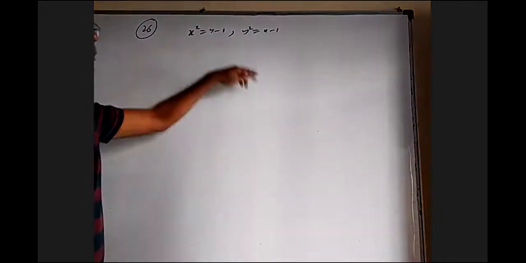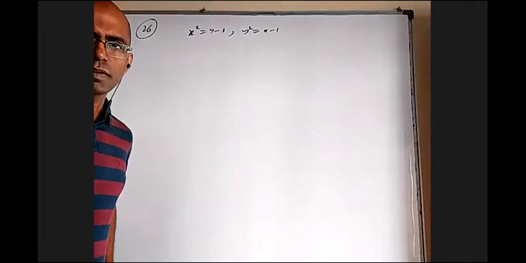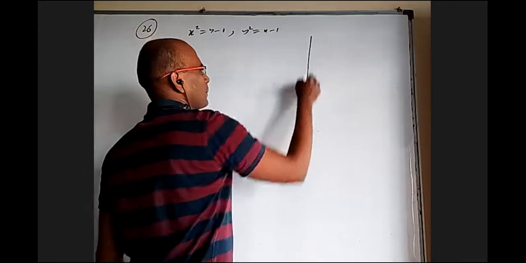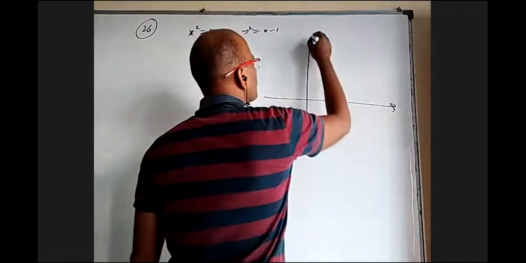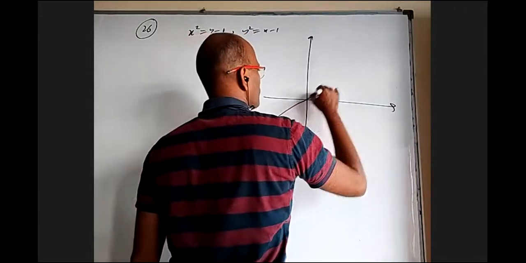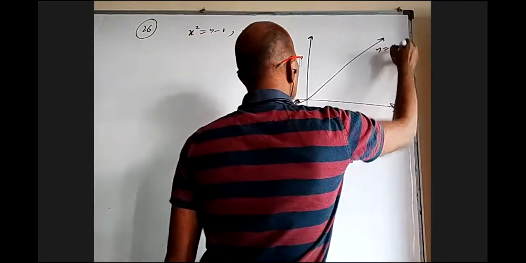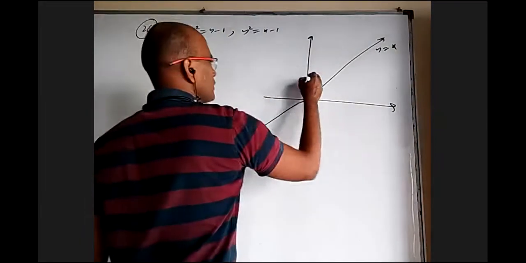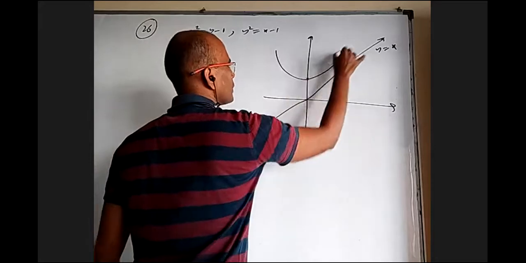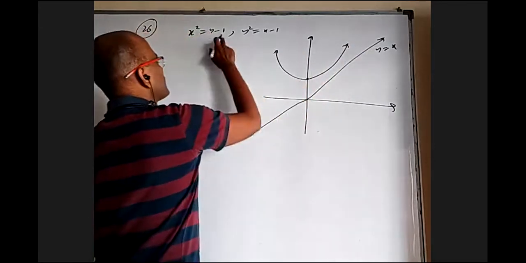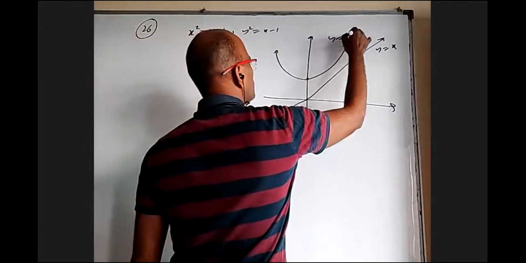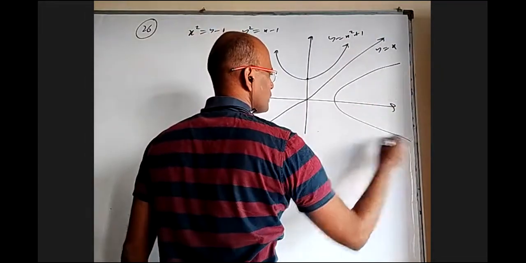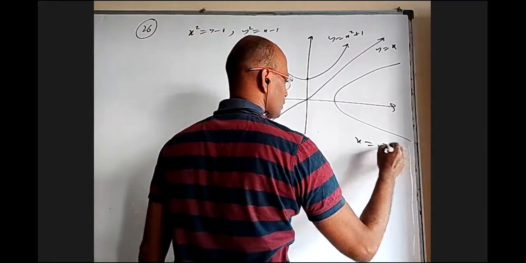That means these two are mirror images of each other with respect to the line y equal to x. So we have y equal to x. If I send this one to that side, it is actually y equal to x square plus 1, and the other one is x equal to y square plus 1.